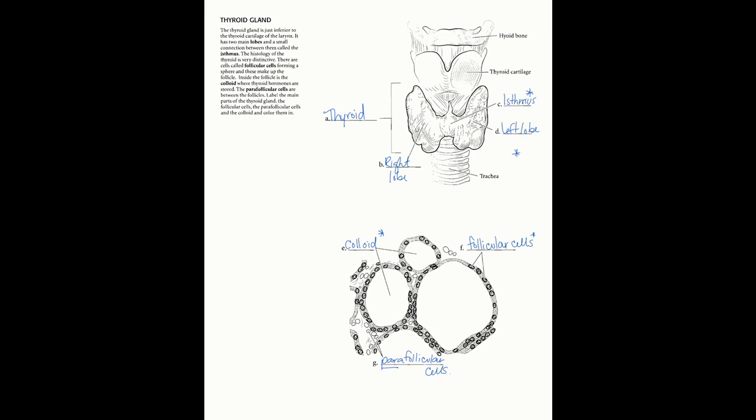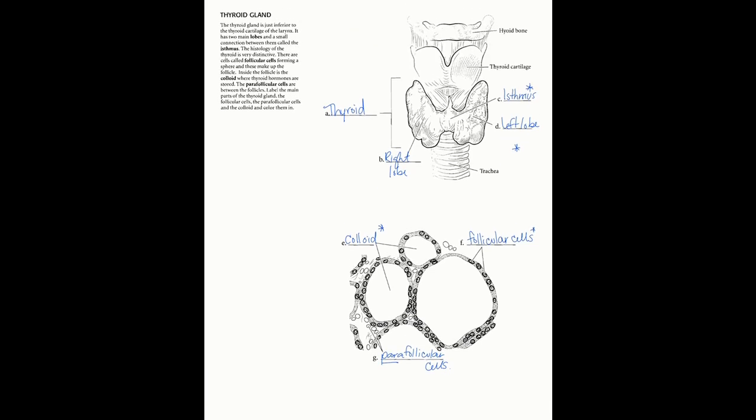We know that in some different species, like rodent species, the parafollicular cells are involved in monitoring calcium levels in the body. As for us, it's not as, I suppose, defined as it is in other species.